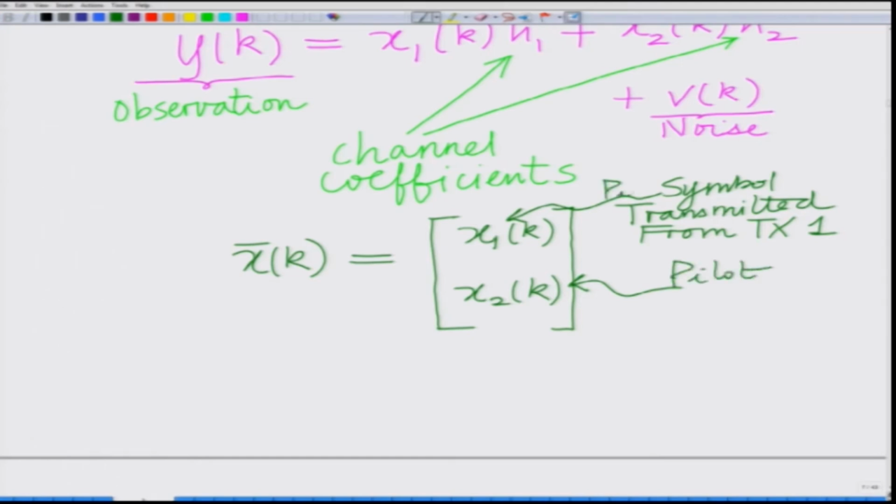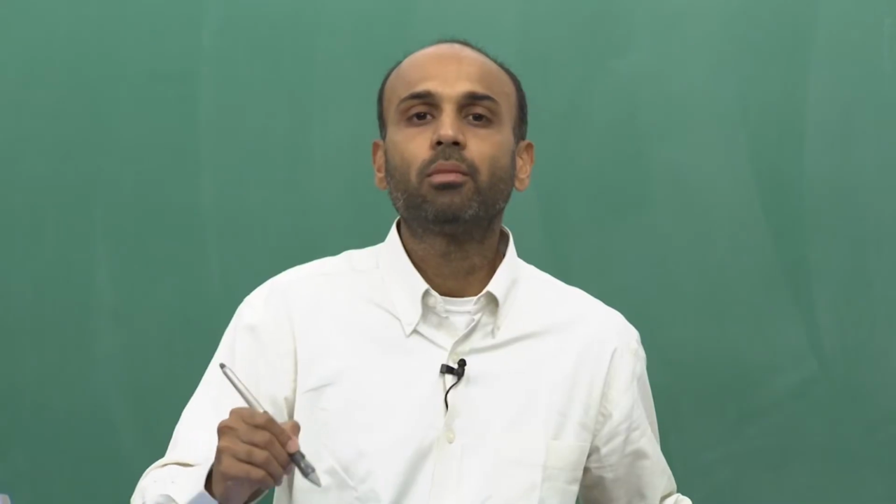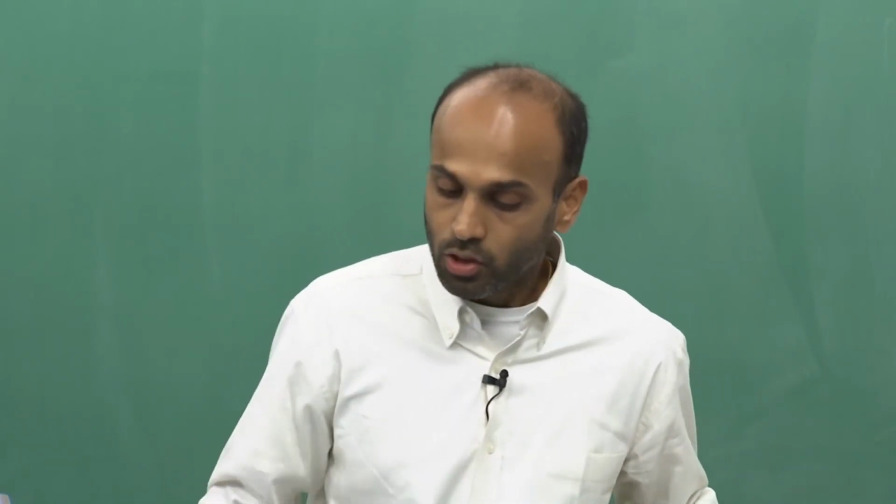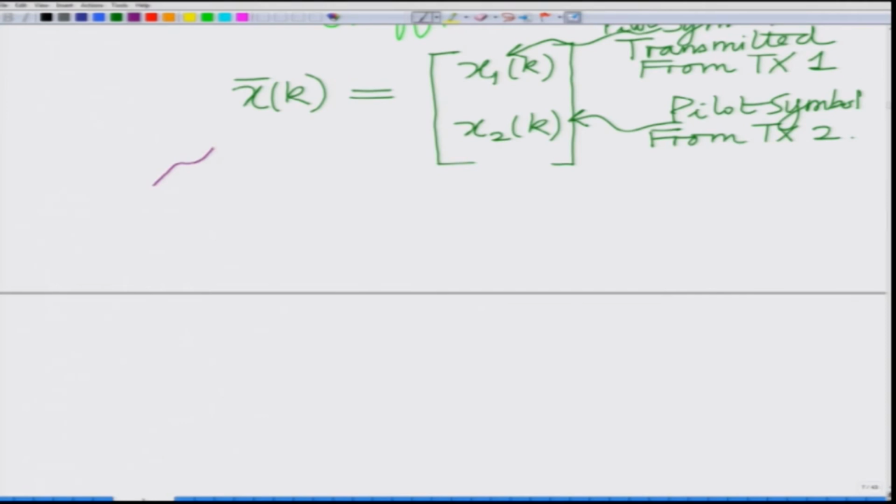In fact, both are pilot symbols. So this is the pilot vector x bar of k, which consists of two pilot symbols, x1 k from transmit antenna 1 and x2 k from transmit antenna 2. So this is the pilot vector at time instant k.